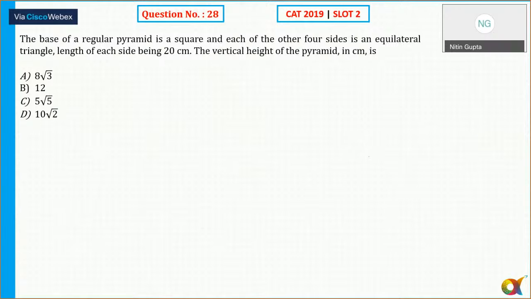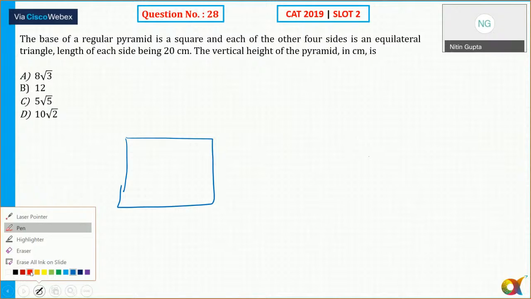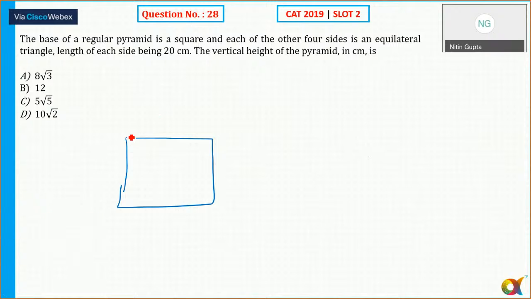Okay. Question number 28. Again, another easy one. The base of a pyramid is a square, and each of the other four sides is an equilateral triangle. The length of each side is 20. So this is 20.